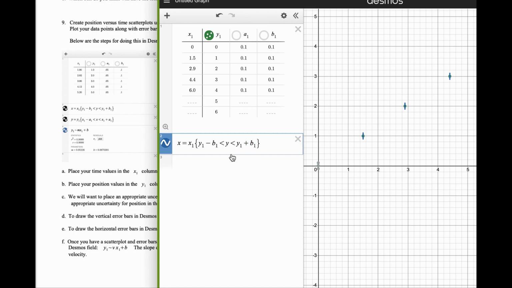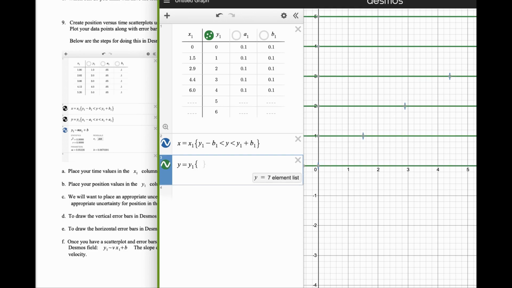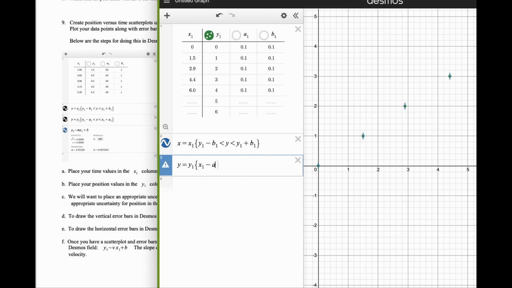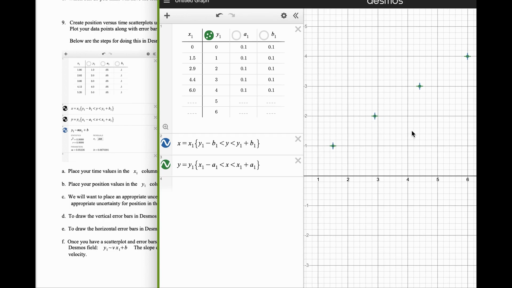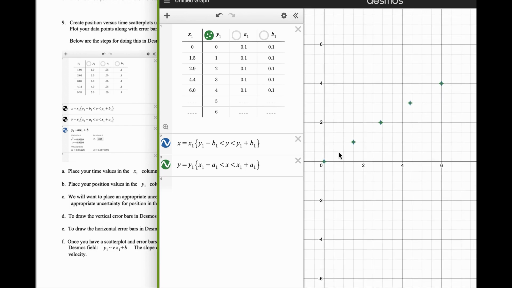That's all it is. All right, and then you just want to do that with the y as well. And there you go. Now it's got some little error bars there. This can be done in Excel, of course, too. But I'm just doing Desmos in case not everybody has access to Excel.